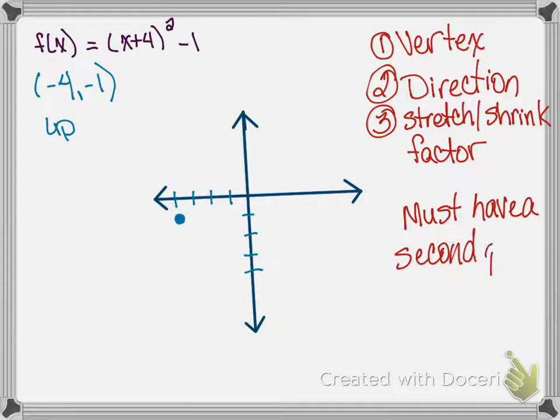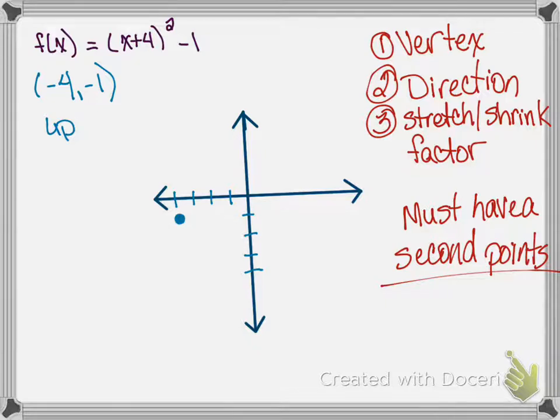Okay, think about points on a line. How many points are on a line? Something that's linear. Infinitely many points. How many different x values are there associated with those infinitely many points? Infinitely many. So if I had a linear equation, y equals 2x plus 4, what could I plug in for the x?